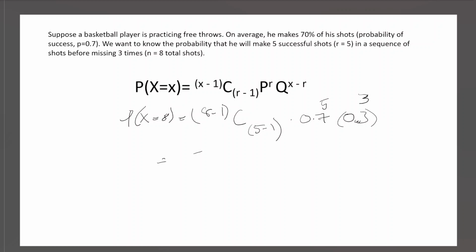So this is 7 C 4, multiplied by 0.7 to the power 5 and 0.3 to the power 3. This can be written as 7, 6 and 3.